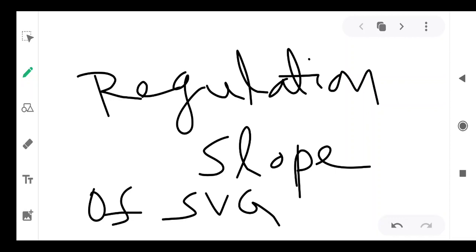So a control circuit is required to implement that. If you don't allow the droop, if you want to have perfect regulation, that means droop is 0, which will result in a tendency of oscillations. We don't require the oscillations.